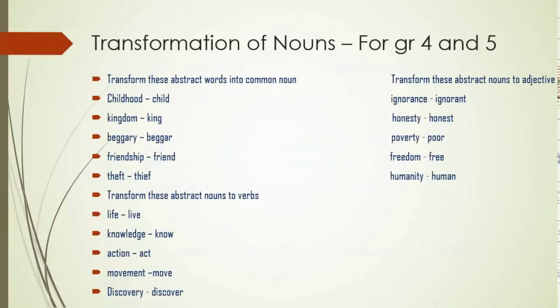Now, abstract noun to adjective. Ignorance, ignorant. Honesty, honest. Poverty, poor. Freedom, free. Humanity, human. See, the beauty of this is you must know when to use the right word. If you have to put ignorance there and you put ignorant, the meaning becomes very absurd.